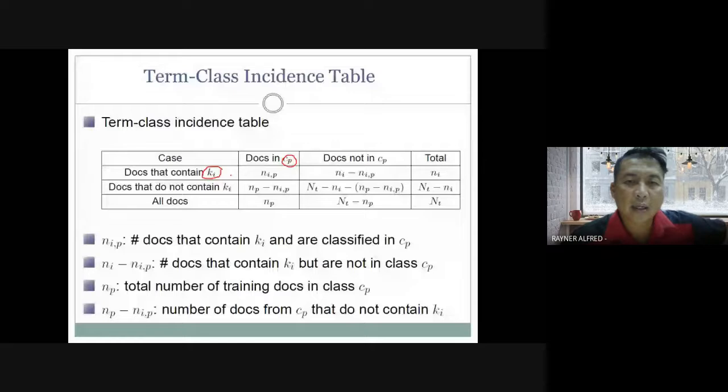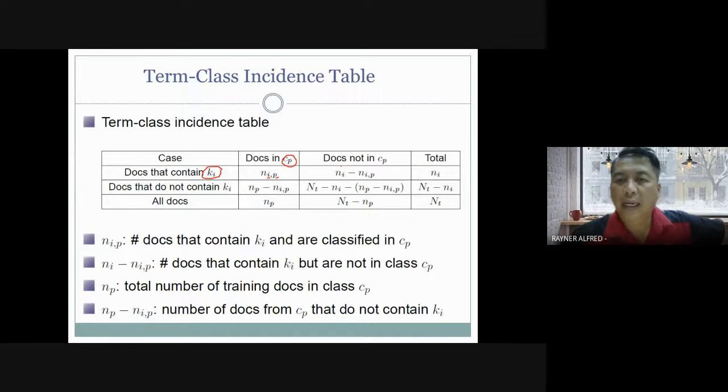So we are saying that these documents contain keyword I and also belong to the class P. So we can derive the documents not in this class: remember that this is the number of documents that contain keyword I, minus the number of documents that contain keyword I and belong to the class P. Okay, so if we add up these two, the total will be this one.